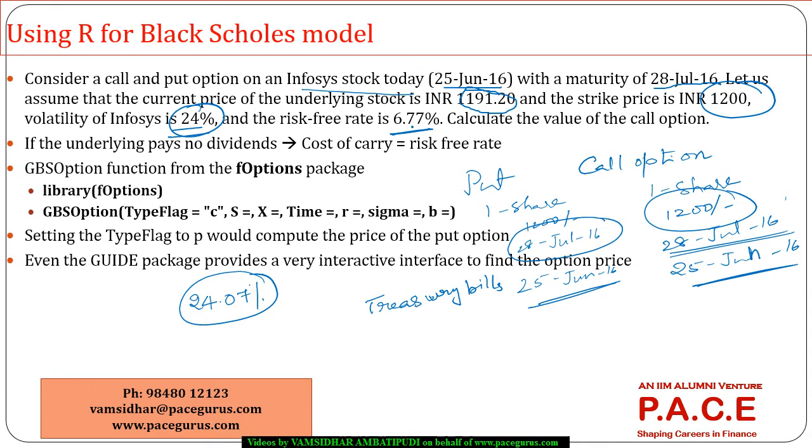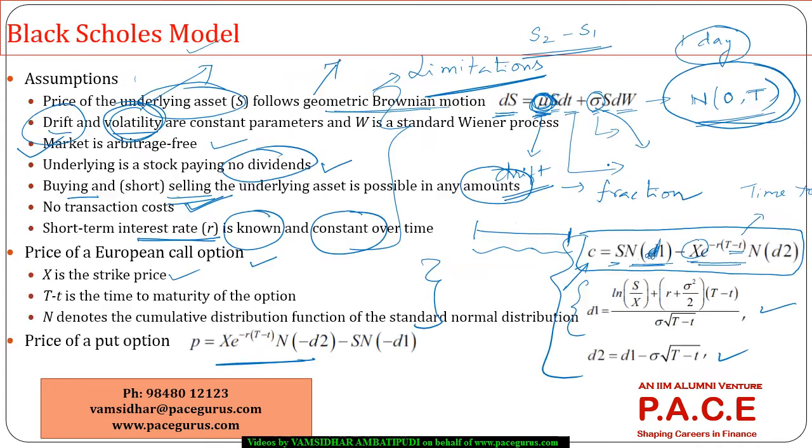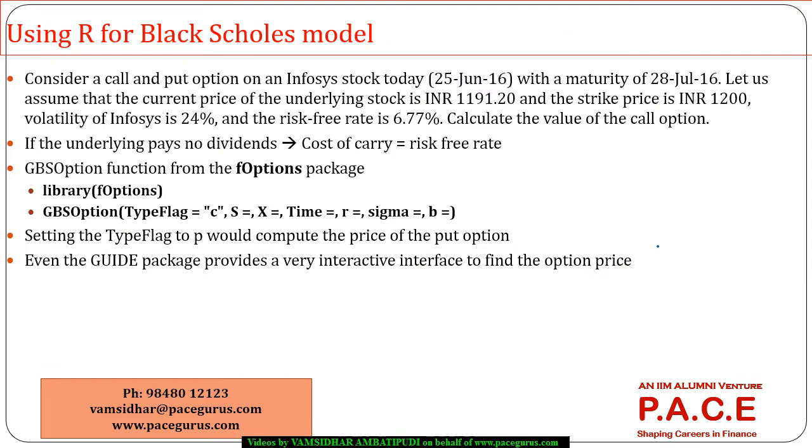So what all information does it require? In R, or even using this formula, to compute the price of the option, there are 5 major things that I require. One is the current spot price, which in this case is 1191.2. Then the strike price denoted by X, the price at which the buying or selling will happen at a later date.